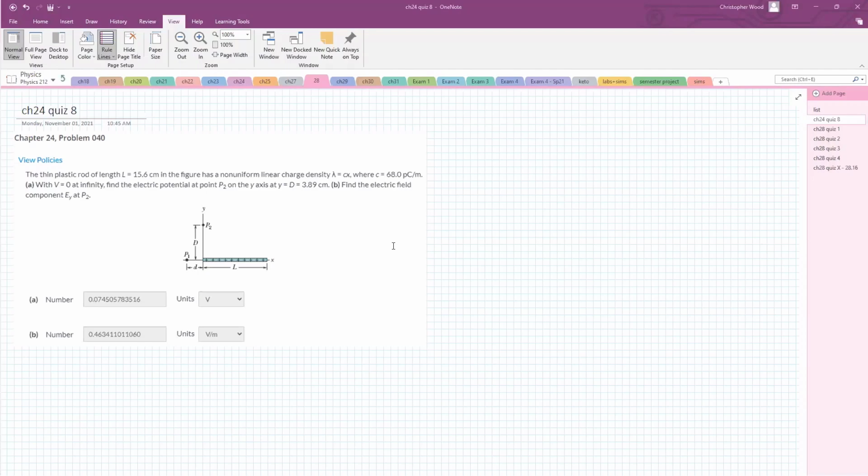So pay attention to methodology, pay attention to the recipes, because at the very least, you're going to get a substantial amount of points if you can just set it up the way I've been doing, very repetitively in this class. All right, so 1 second. Chapter 24, problem 40, which I think this is a double dot problem.